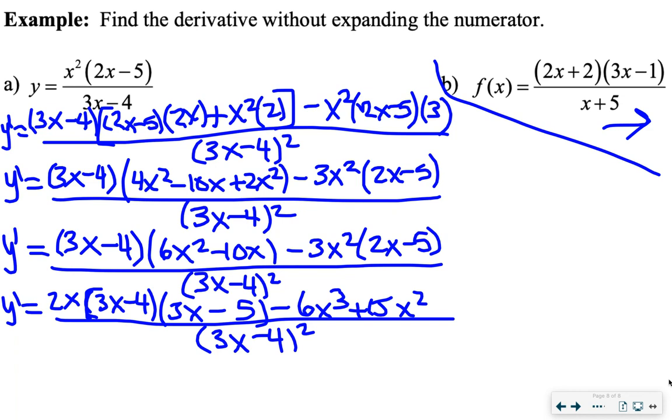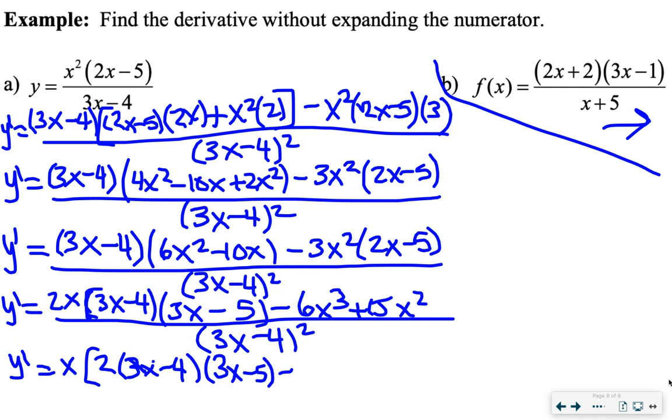Right, so I can actually take out an x from all of my terms up top, which is going to leave me with 2 times 3x minus 4 minus 6x squared plus 15x.